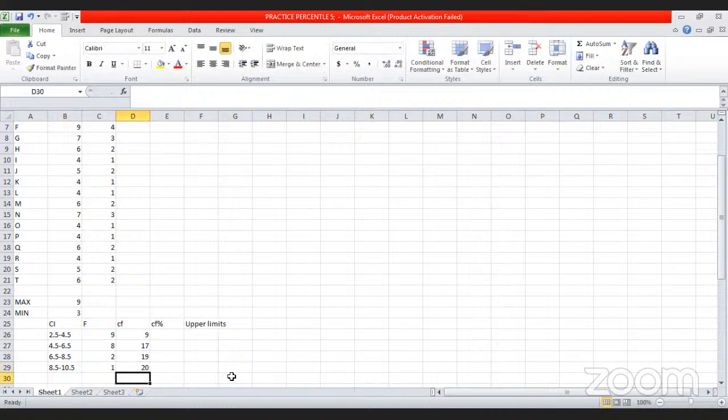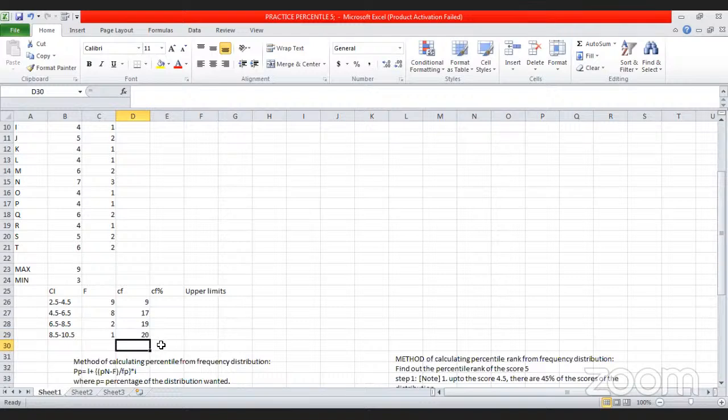So you know what cumulative frequency is. You can do a sum here so you can understand: sum of the frequencies.